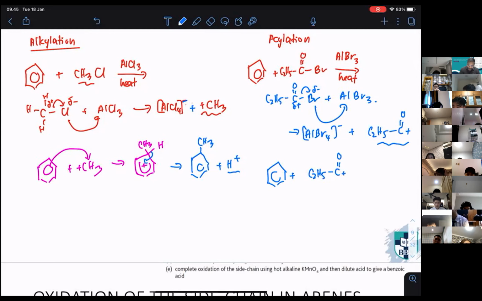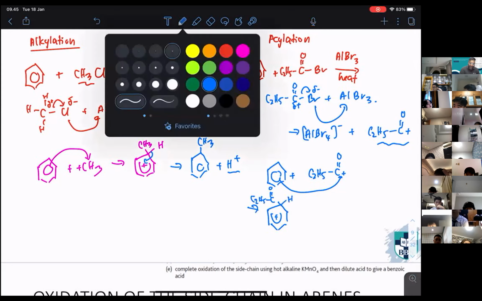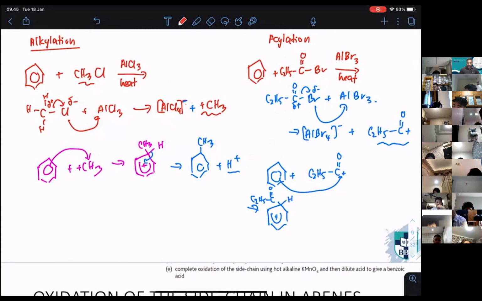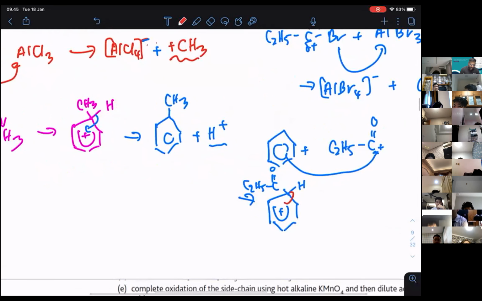So they are going to come over here, and you have something like this: plus, and then C double bond O, and then I put C2H5 and then H. The next part is having the H coming out.